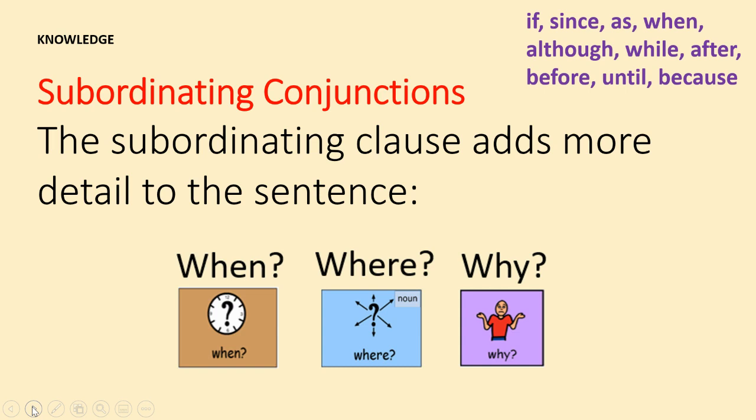And sometimes, actually, a fronted adverbial is a subordinate clause. So we know some of this already. The subordinating clause tells us when, where, or why something happens. And the subordinating conjunction is the word that helps to join that subordinating clause with our main clause, our sentence. It's still probably sounding very tricky, but that's okay because we're going to keep learning.